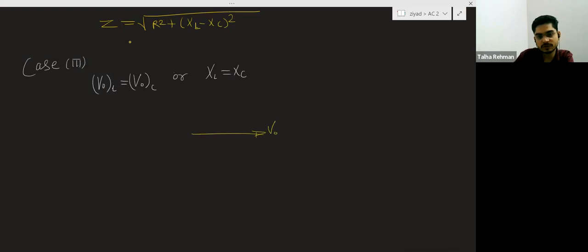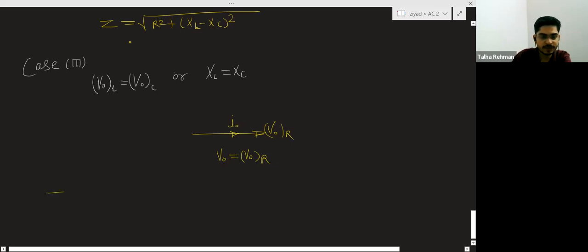Voltage across the resistance and the current is this, and the peak value of the voltage you will get is V naught R, and this circuit will behave as a pure resistive circuit. Pure resistive circuit.